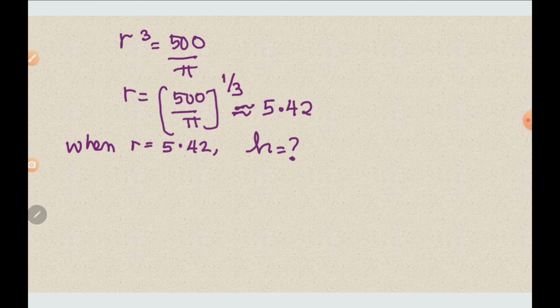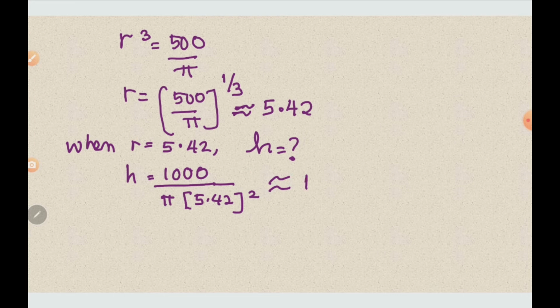You will get h is equal to 1000 over pi multiplied with 5.42 squared, and the value is approximately equal to 10.84.